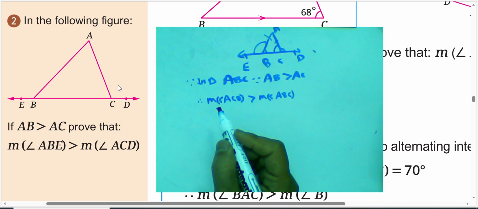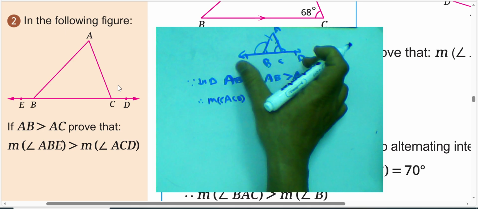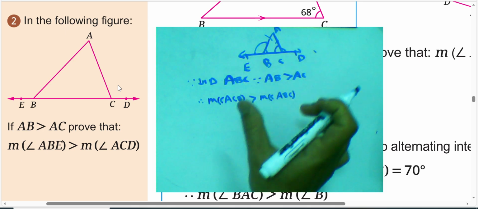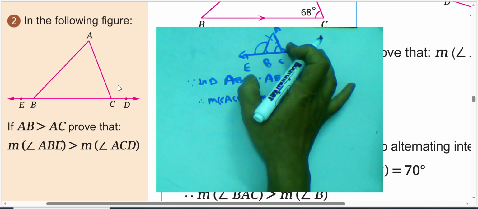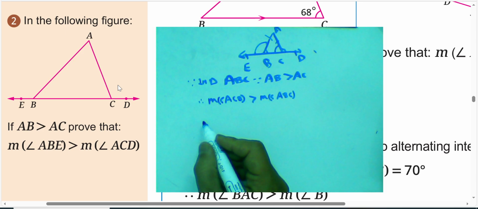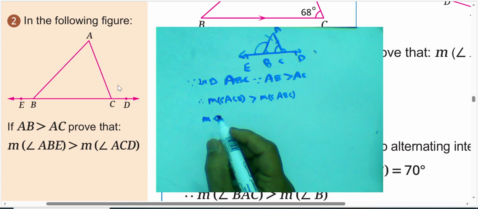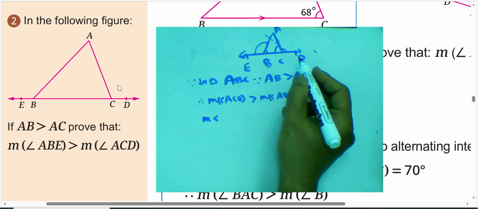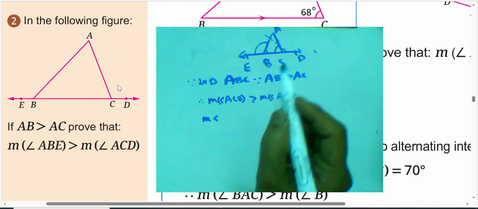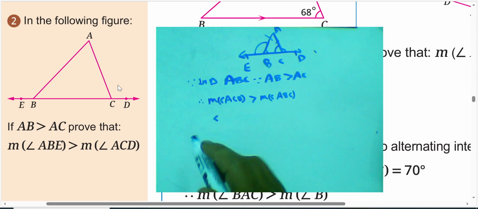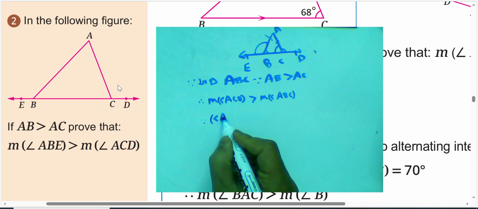And then we have two points on straight line ED. Then two angles here we call supplementary. Then the measure of angle ACD plus the measure of angle ACE equals 180.